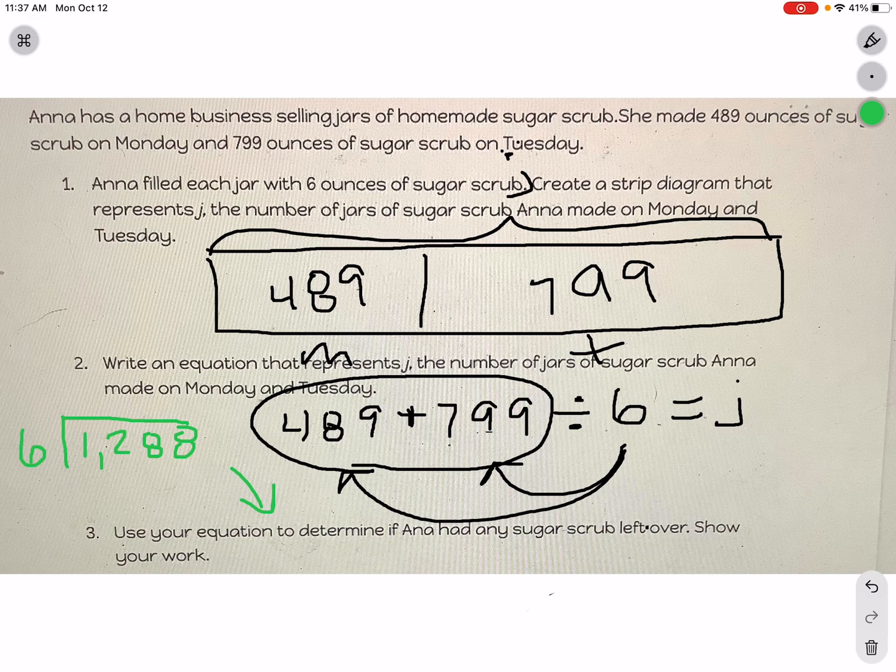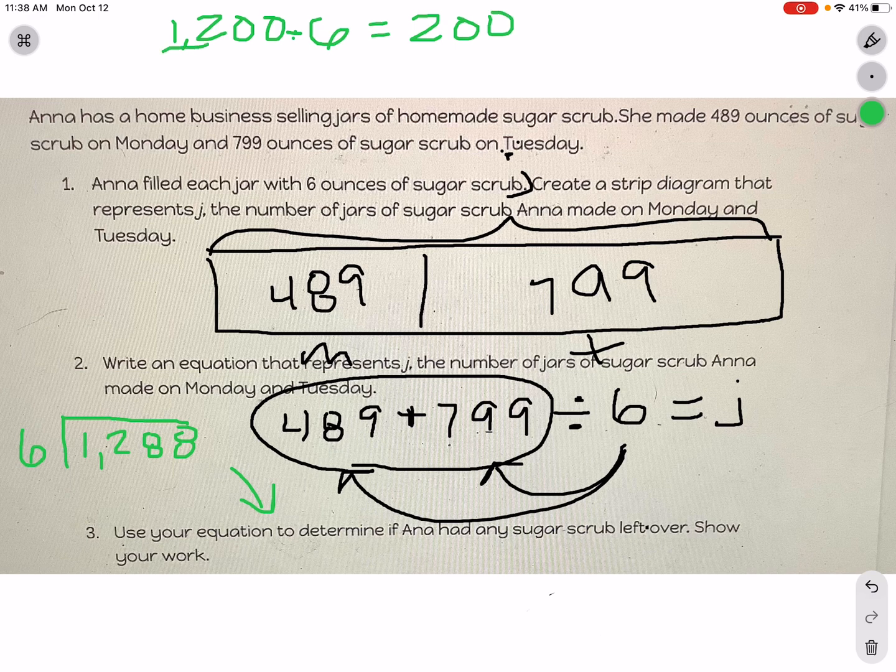So 6, we know that if we rounded 1,200, let's do a lower limit and an upper limit. If we rounded 1,200 by 6, that would give us approximately 200.